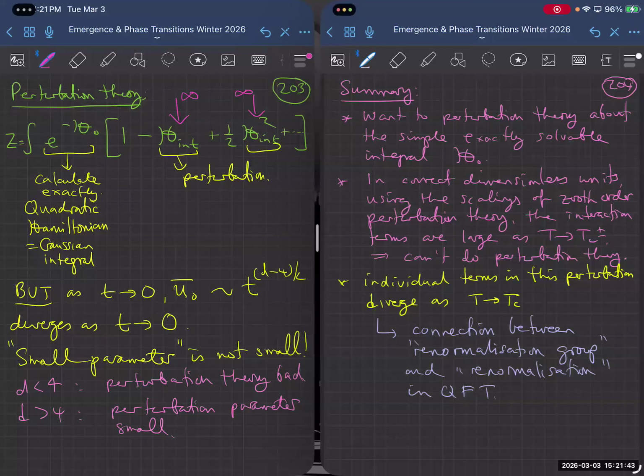So you might say, well, what does it mean having terms diverge in perturbation theory? It doesn't actually mean that the perturbation theory makes no sense. Here is a very subtle comment.